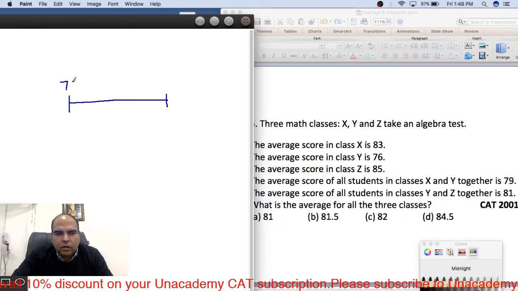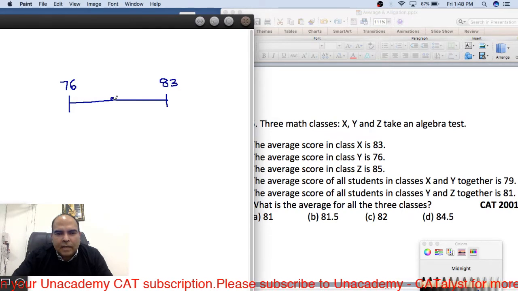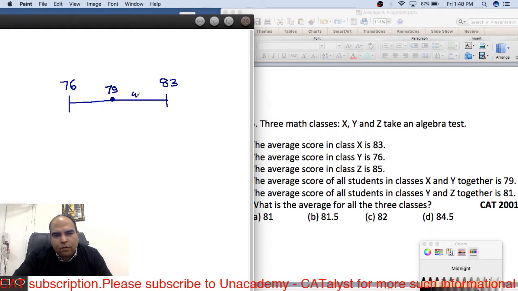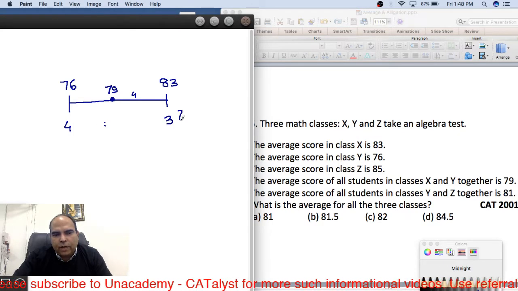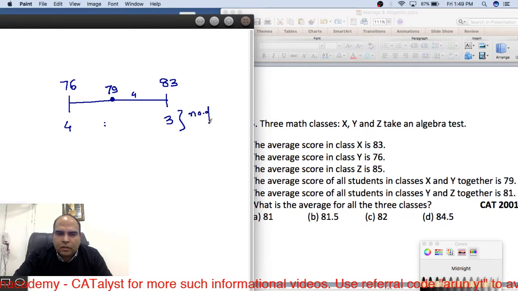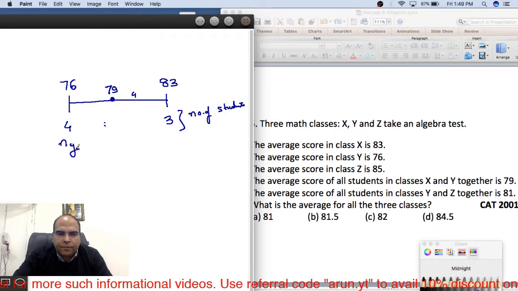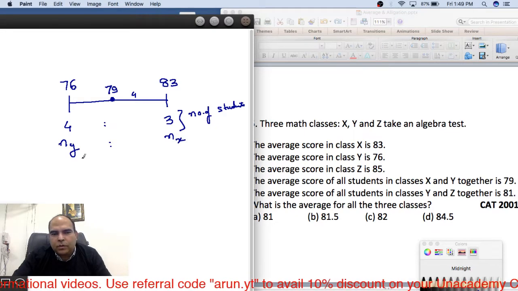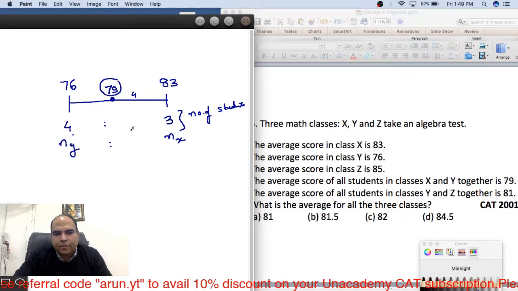If you are getting the weighted average of 76 and 83 as 79, the ratio of weights here would be 4:3, and these weights are the number of students in class Y to the number of students in class X. The ratio of number of students in class Y to class X would be 4:3.